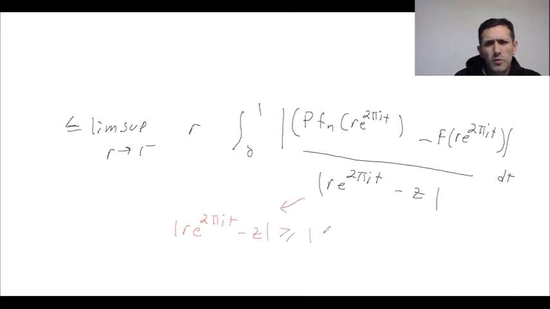Just use the reverse triangle inequality. It's r minus modulus z here. So this is going to be less than or equal to, well, take the LP norm of the top. That is my definition of the Hardy space norm.